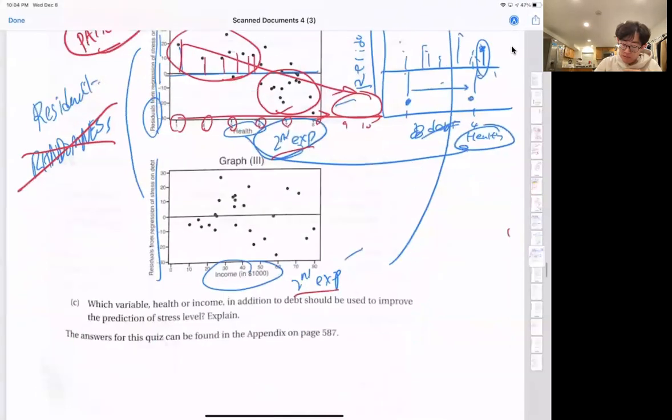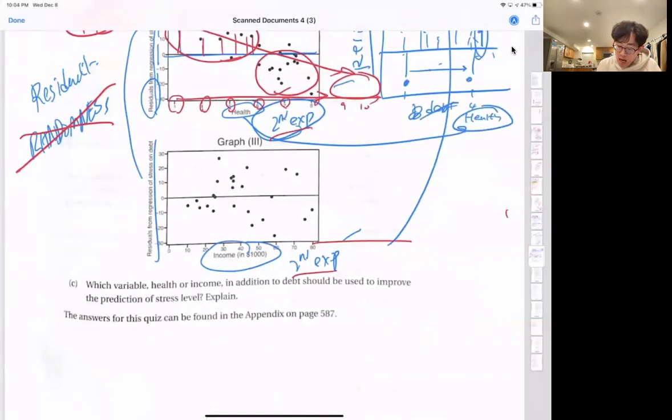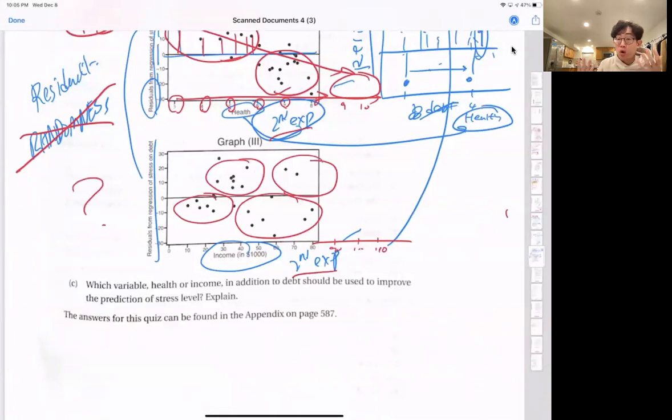For graph 3, I can keep increasing the income values, but I see the residuals being negative, then positive, then negative, then positive once again. It's random. I don't know what I can expect beyond this. It's very hard to extrapolate when I do not see any patterns.